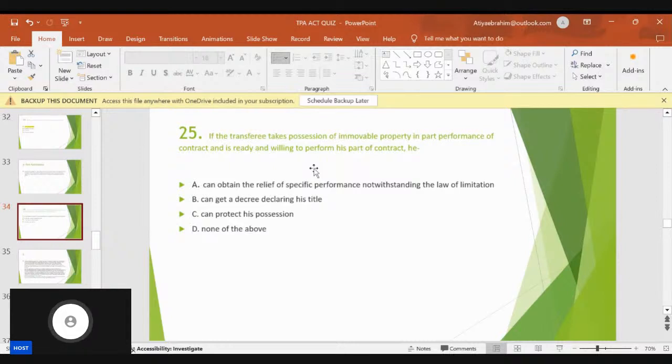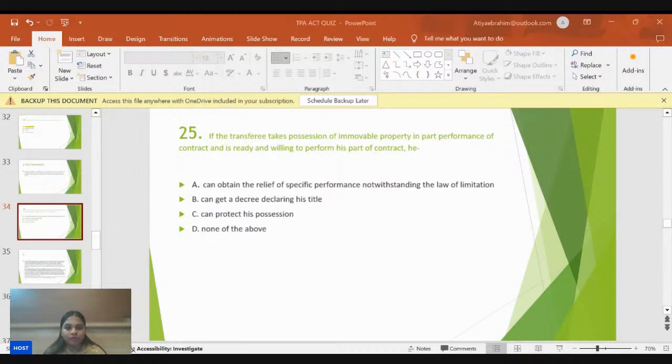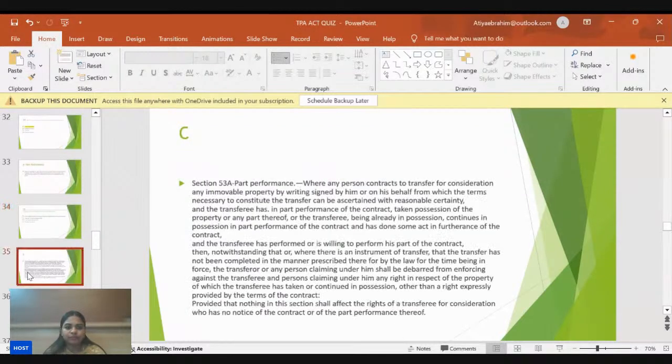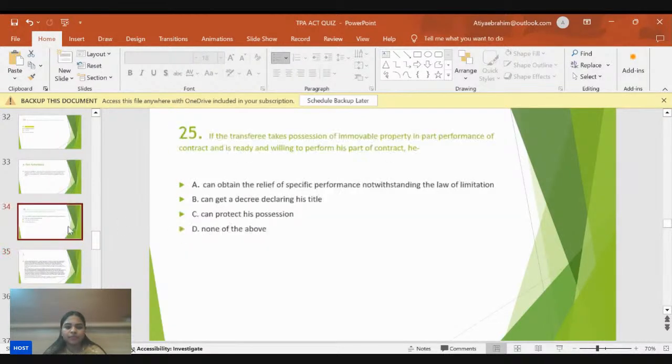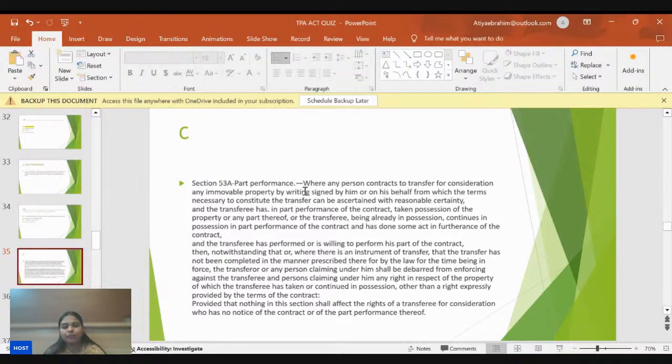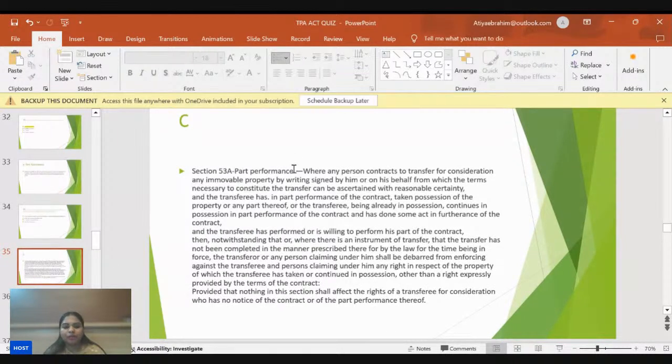So, if the transferee has already taken possession of immovable property and he is also ready and willing to perform his part of the contract, then what does section 53A say? See section 53A and then answer. Take a moment and read the section.